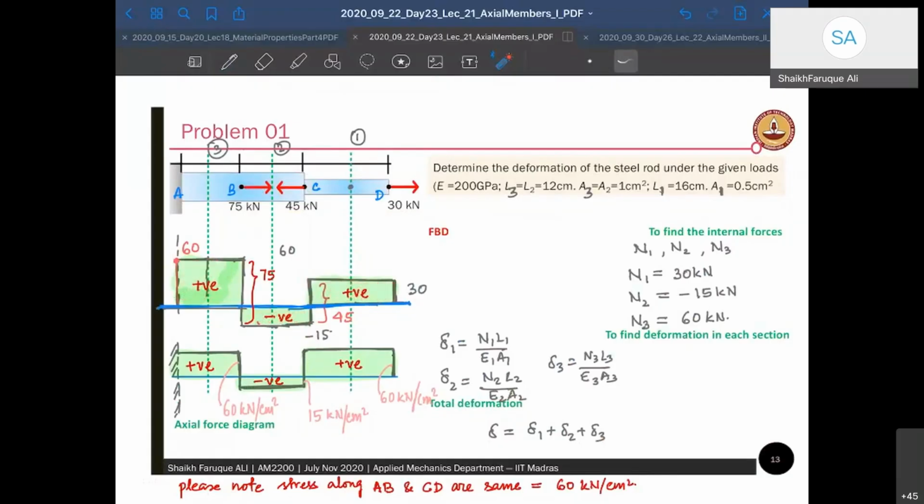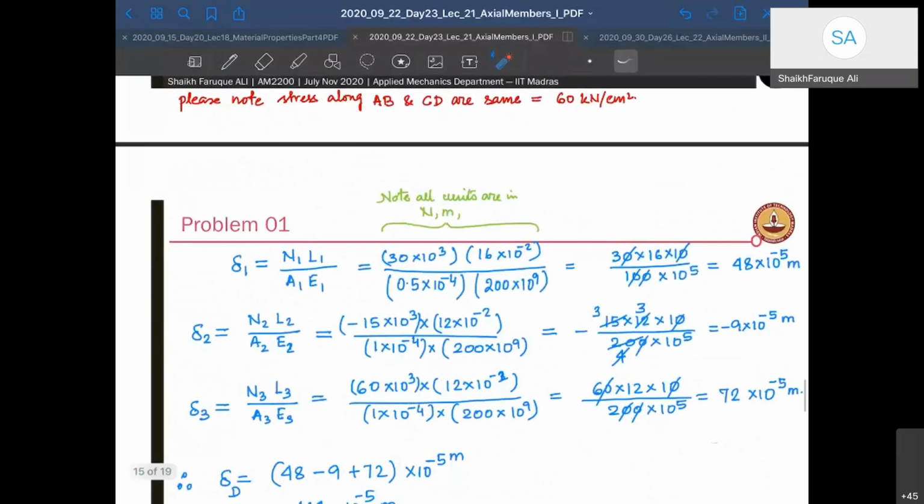Now you know N1, N2 and N3. N3 is this part, N2 is this part, N1 is this part. Then you can find delta 1, delta 2, delta 3 and add them to find your total deformation. And I'm giving you a duty to draw the deformation curve. Can you please draw the deformation curve?